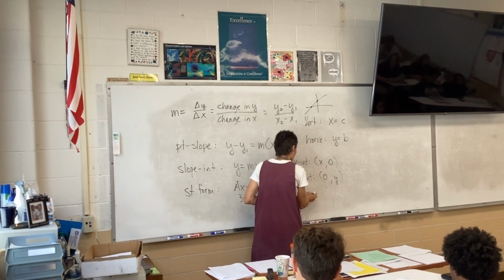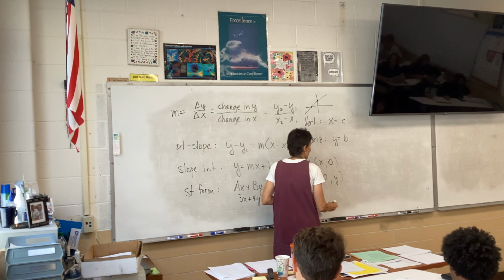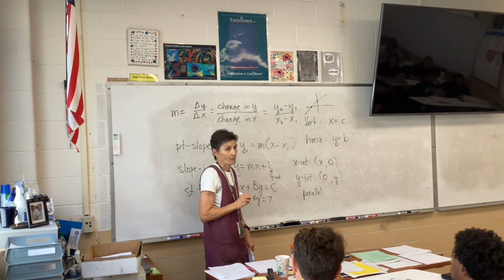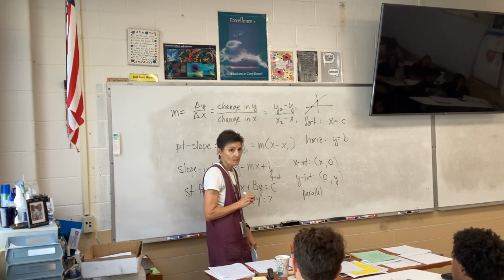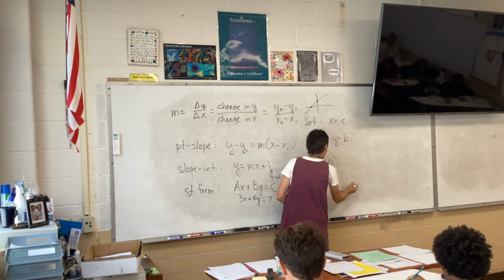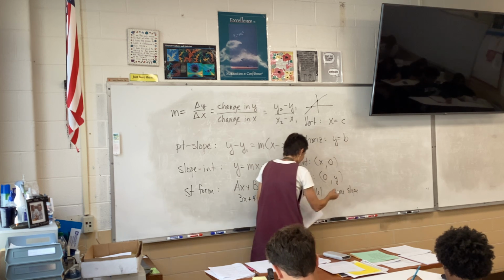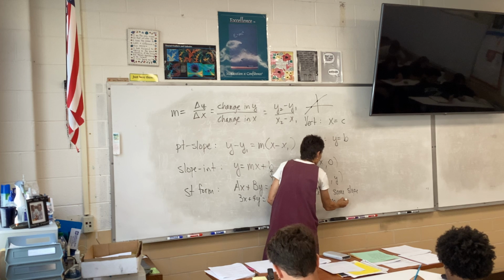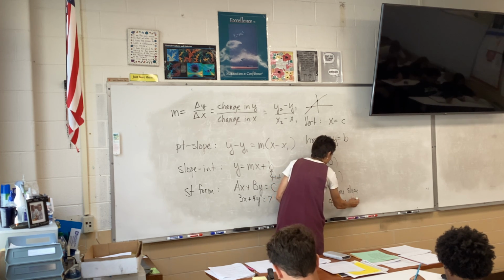What do you know about parallel lines? I'm not looking for a definition. In algebra class, what do we know about parallel? Same slope. So we have parallel, they have the same slope. What about perpendicular lines? Opposite reciprocal slope.